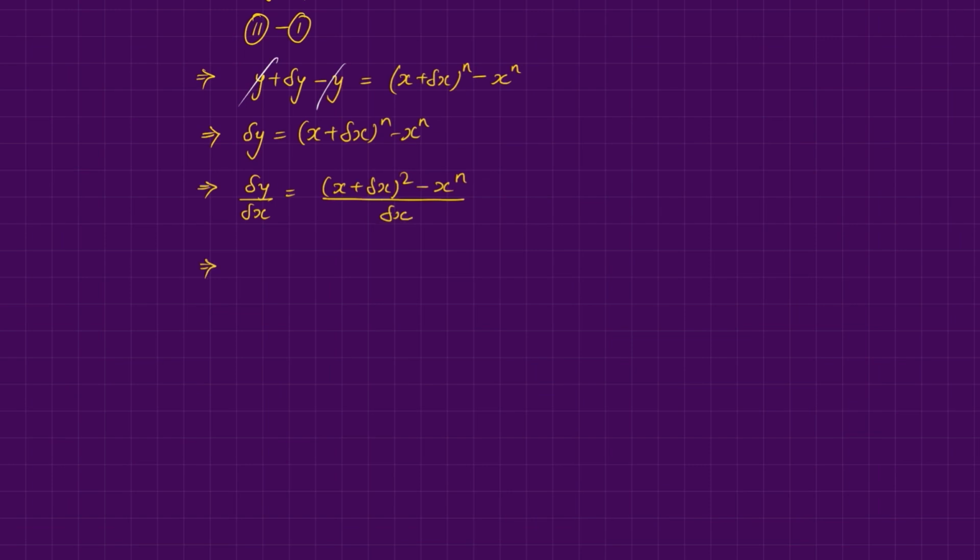Now let us put the limit delta x tends to 0 on both sides, so it will be limit delta x tends to 0 of delta y over delta x equals limit delta x tends to 0 of x plus delta x, sorry, I have written 2 here, it's actually n, minus x to the power n whole divided by, now here in the denominator I will add x and subtract x.